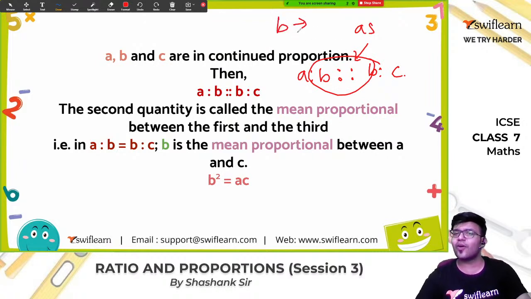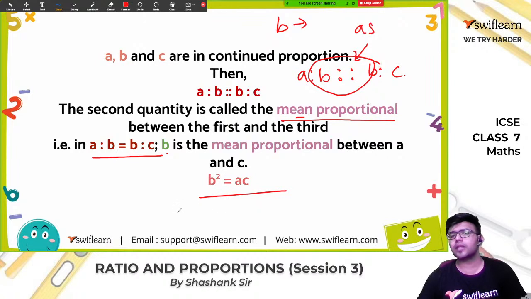The second quantity B is called as mean proportional. What do we call the second quantity as? Mean proportional. Okay, so in A is to B as B is to C, B is called as mean proportional between A and C, and also the value of B square is A multiplied by C.